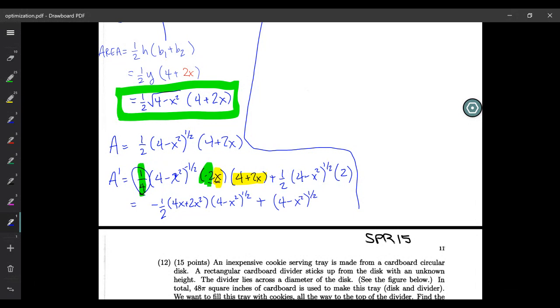All right, so what I'm going to do now is I'm going to take this piece, which they have in common, and I'm going to factor that part out.